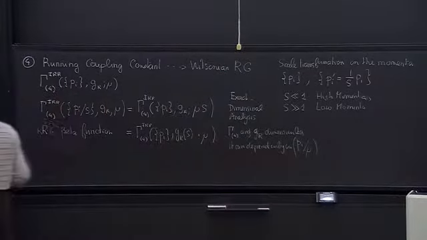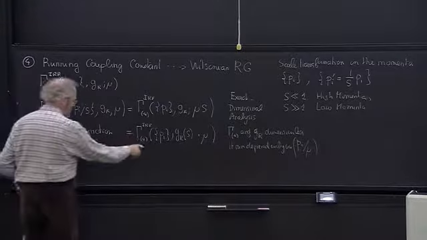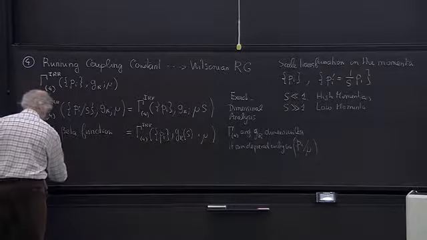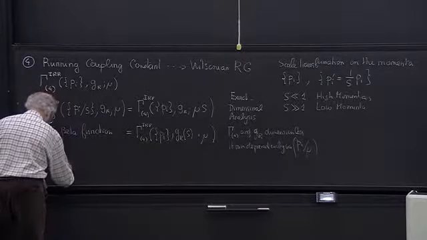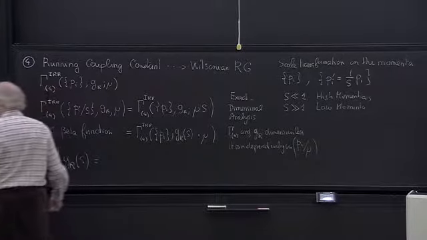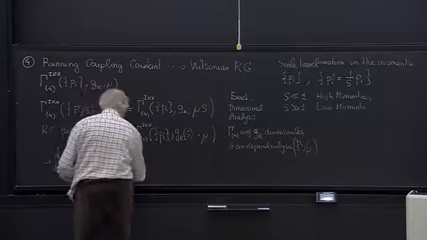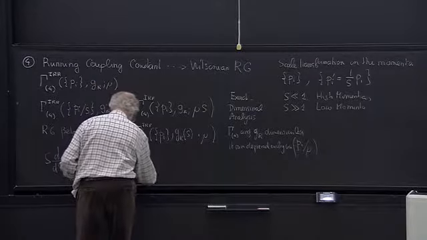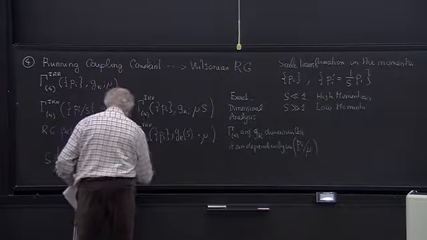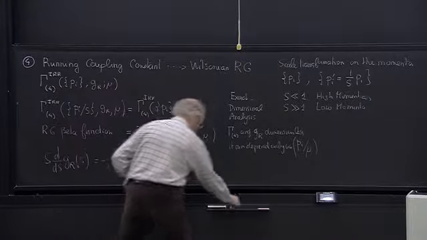Well, you can just do the calculation, and you can write a similar equation to this one for gr of mu, which is s d/ds of gr of s is some function of gr of s. And it turns out that it's just the beta function. It's minus the beta function.